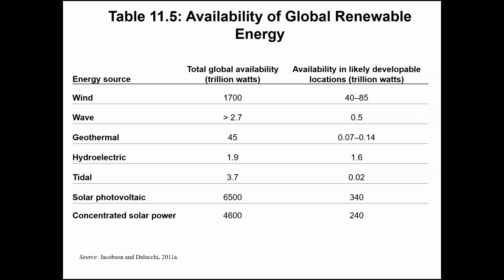So then we shift to, what about renewable energy? What about renewable sources? This table gives us the availability of global renewable energy. A study in 2011 found that for each of the renewable energy sources in the left column, there's a total global availability equal to the middle column.